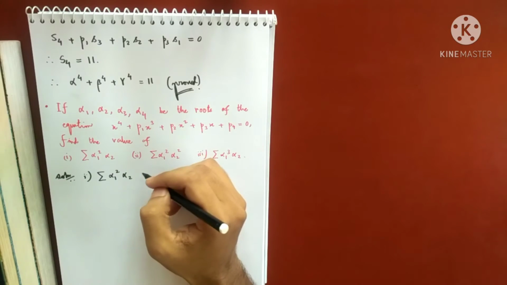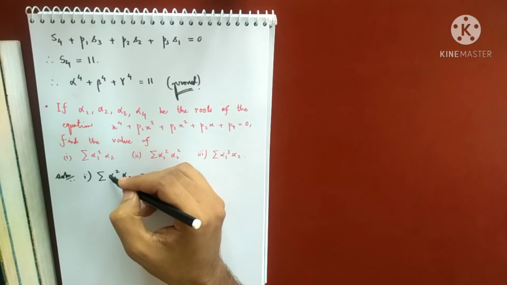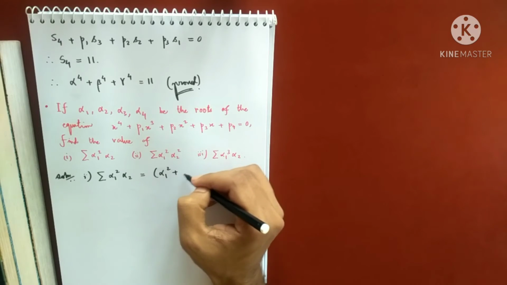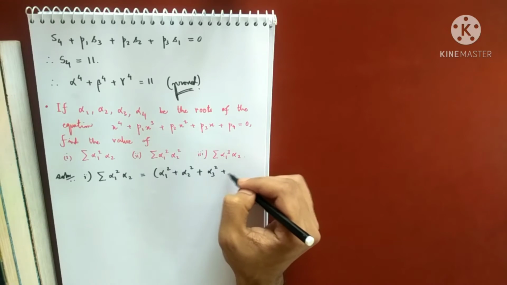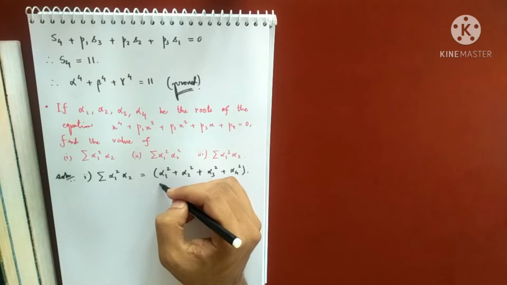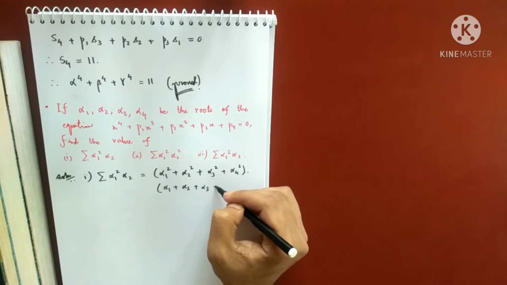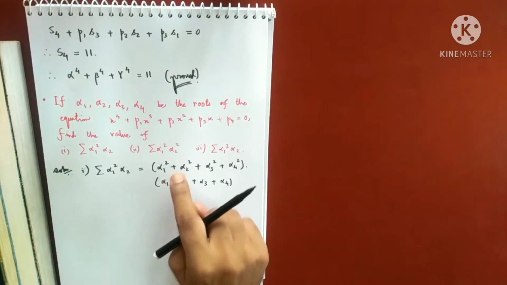So I will write this as: alpha 1 square plus alpha 2 square plus alpha 3 square plus alpha 4 square, into alpha 1 plus alpha 2 plus alpha 3 plus alpha 4. I am writing the summation of this into the summation of this.